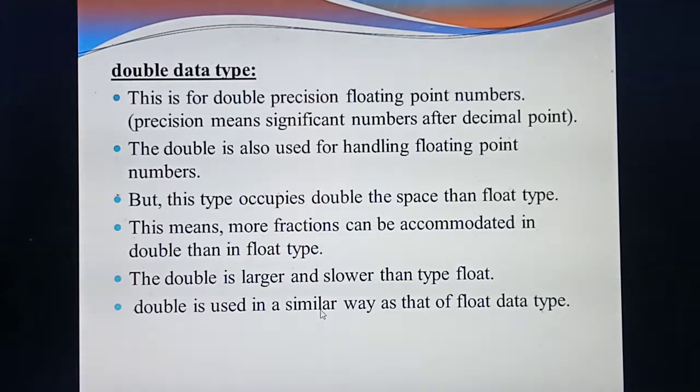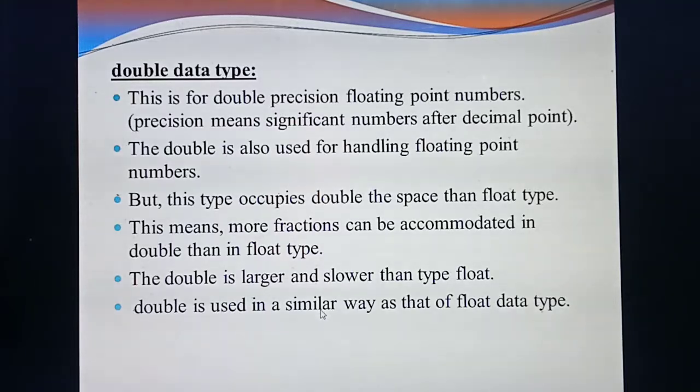So each and every data type is very important. You should compare and study each data type. Understood? So what have you studied in the double data type? If you need to represent precision, that means numbers after the decimal point, some significant digits, which data type should you use? Double data type.